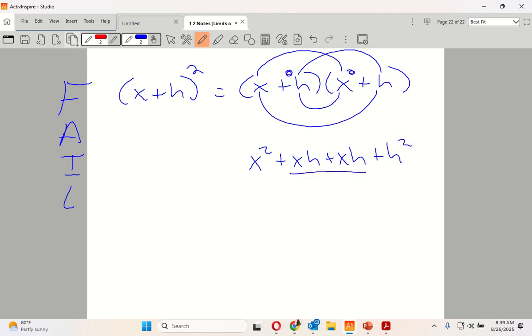If I do this correctly, it's going to give me x squared plus 2, because I have 2 of the middle term, plus h squared. So whenever I'm squaring something, that middle term always comes out like that. It's 2 times the middle term.